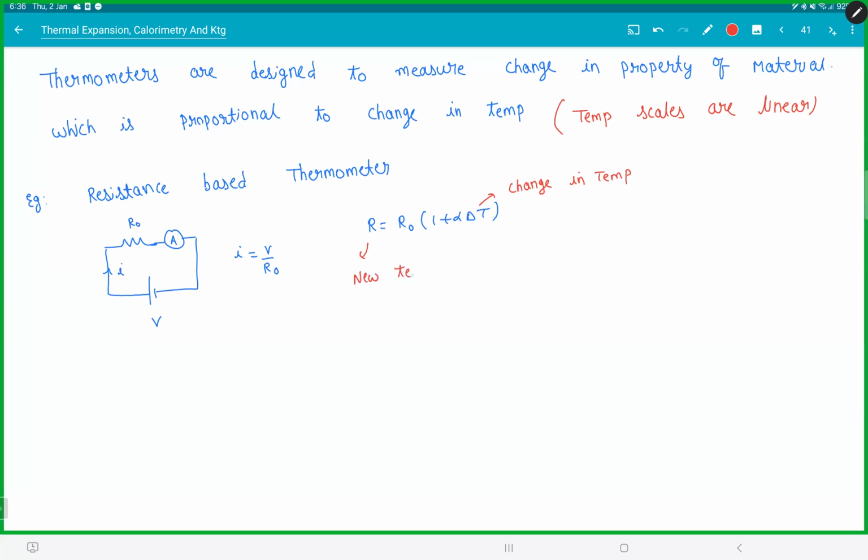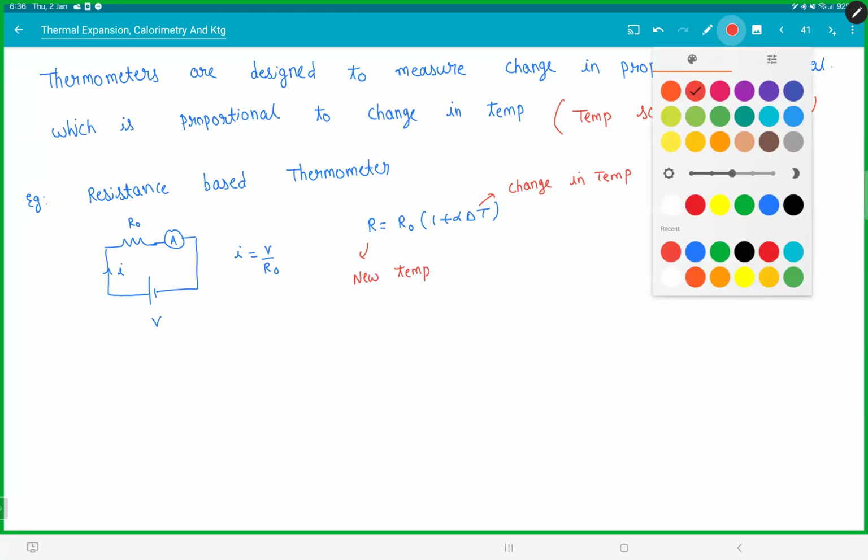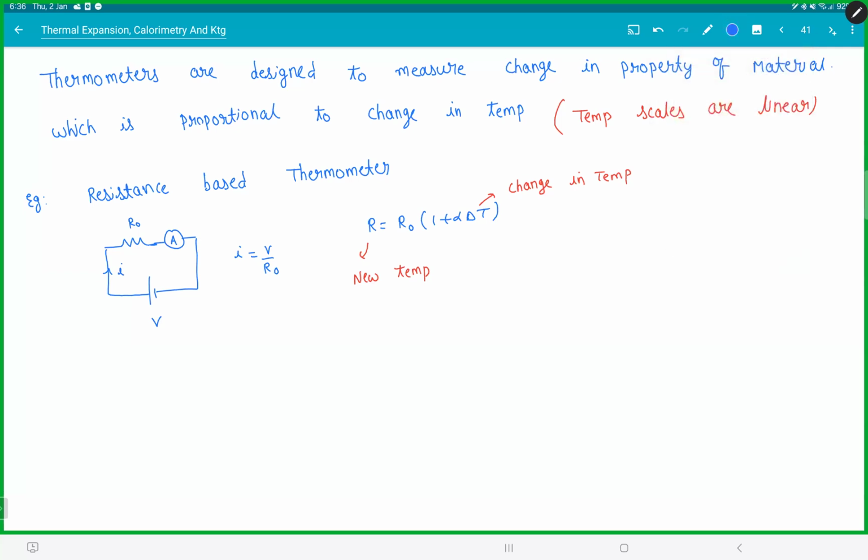When you put a thermometer in your mouth, if you have fever, there'll be a higher temperature and so more resistance. So the new current in the circuit will be I new equals V by R naught times (1 plus alpha delta T). From here, they find the change in current.